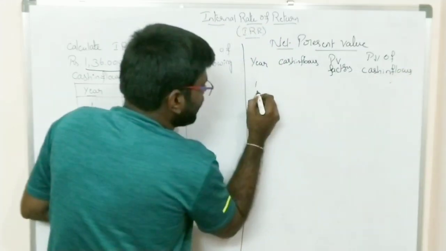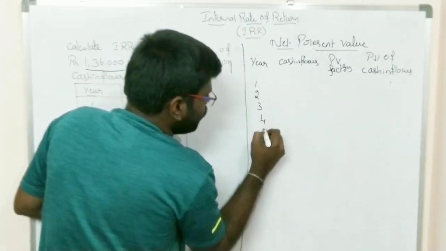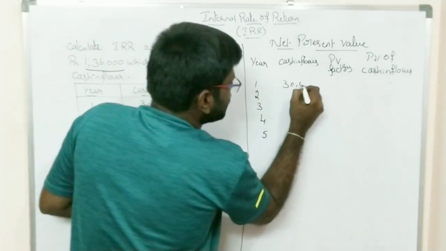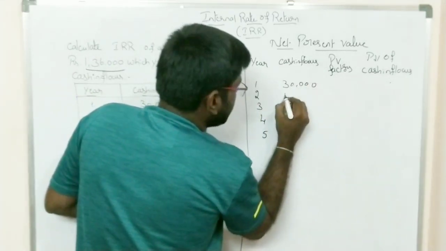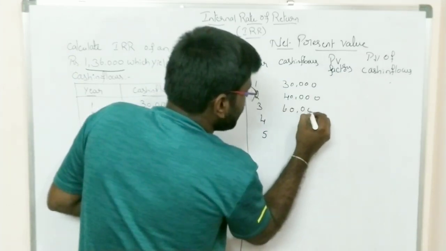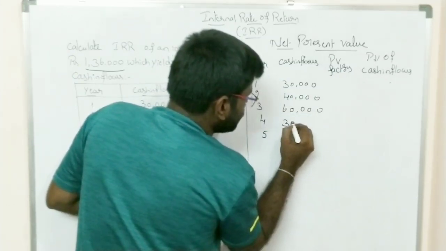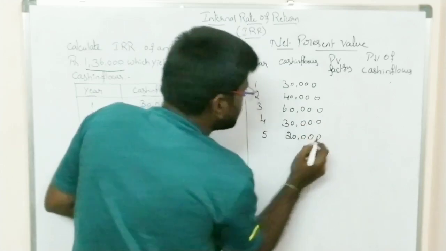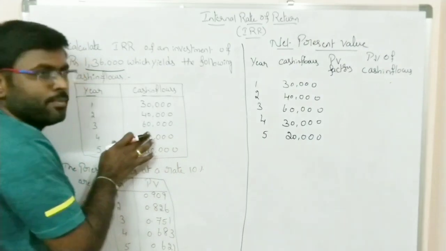So here 5 years: 1, 2, 3, 4 and 5th year. Cash inflows given are first year 30,000, second year 40,000, third year 60,000, the fourth year again 30,000, and the fifth year 20,000. So those are the years and cash flows given in the problem.